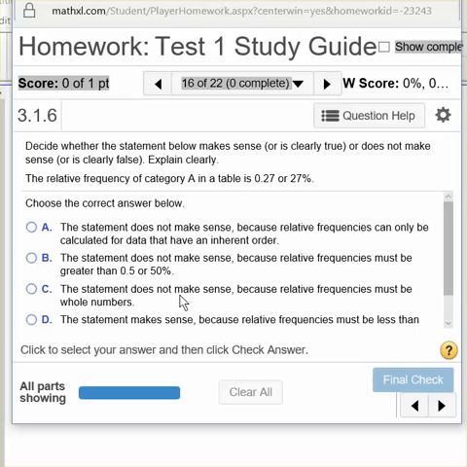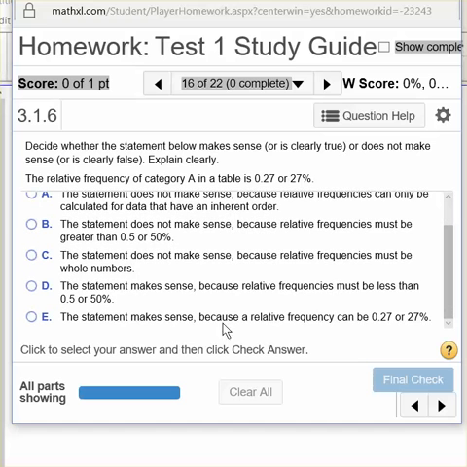C, the statement does not make sense because relative frequencies must be whole numbers. That's kind of a trick question. Frequencies have to be whole numbers, but relative frequencies can be fractions. So let's try D. The statement makes sense because relative frequencies must be less than 0.5 or 50%. Kind of the opposite of B, and that again is still not true.